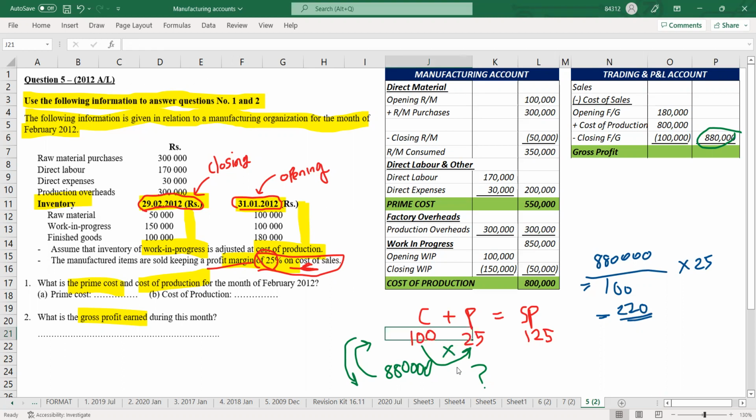Then if the profit is 220, the addition of these two is the selling price.